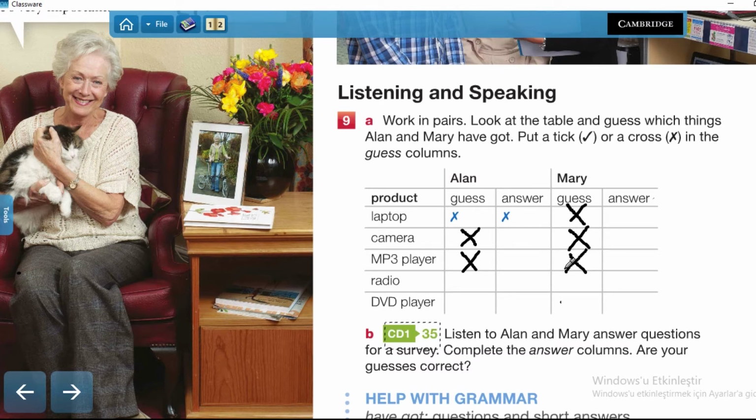The next one, radio. I think Alan hasn't got a radio. How about Mary? I think yes, she's got a radio. And the next one, DVD player. I think Alan's got a DVD player.